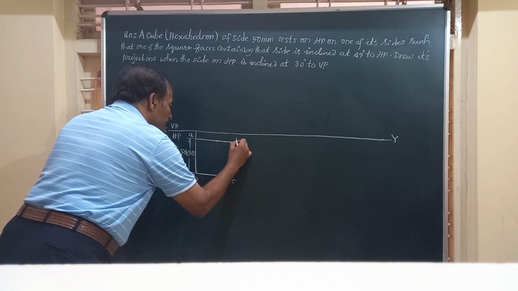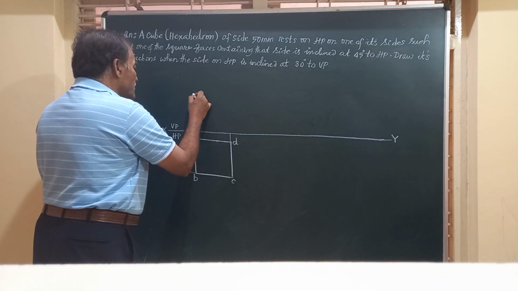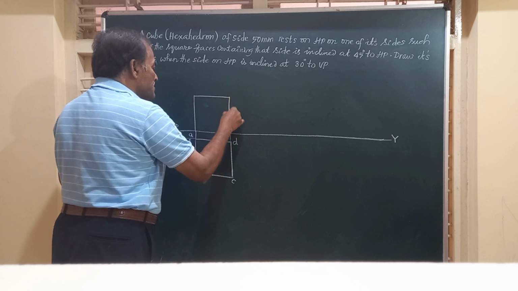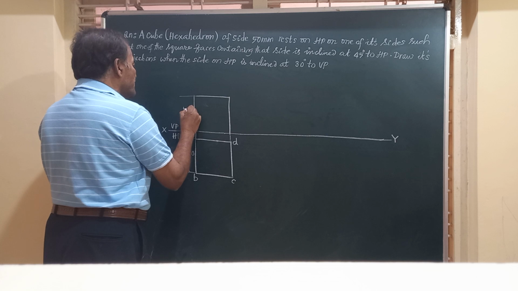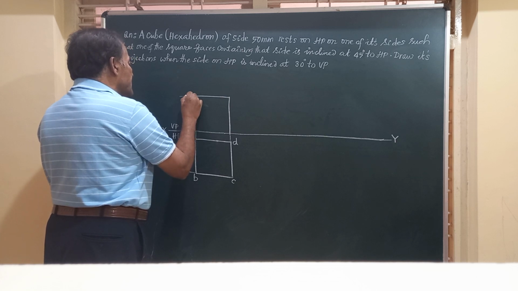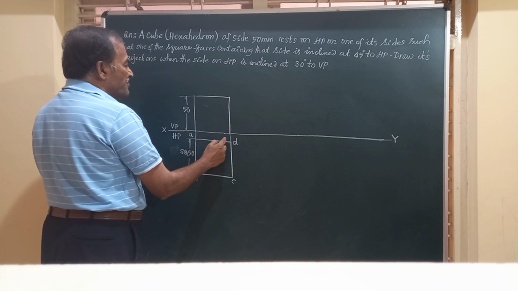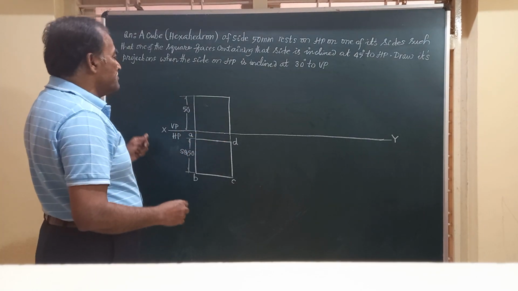In the front view, by projecting the lines, we will also draw another square having the same dimension, and I will show here only 50. That is the height. Remember this is 50, this is 50. Automatically it is a square of 50 mm side.